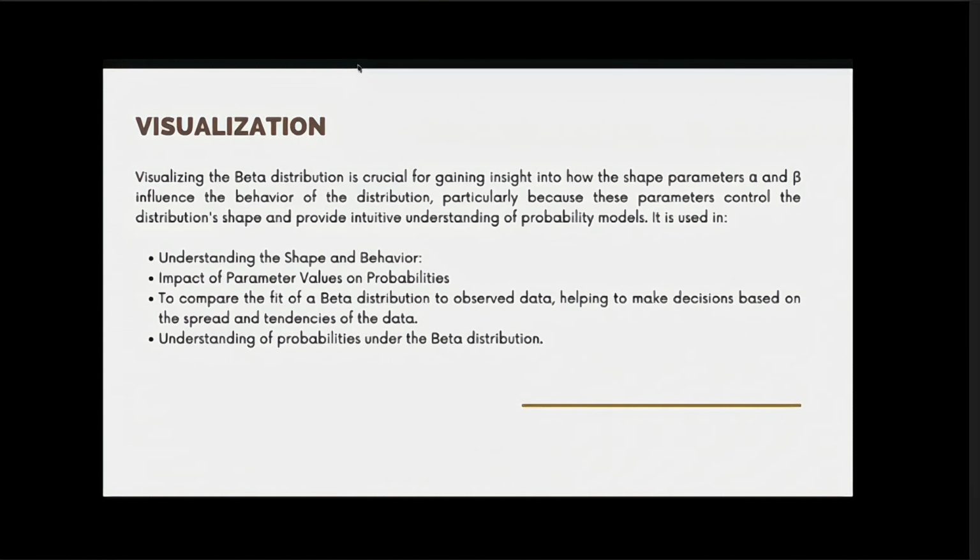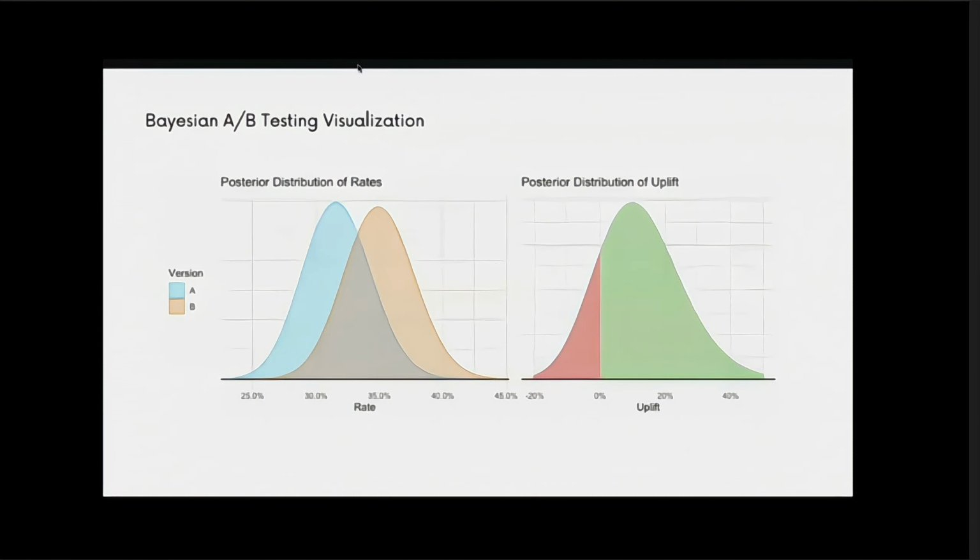By visualizing different beta distributions, you can understand the effect of shape parameters alpha and beta on the probability distribution, compare theoretical models to observed data to see how well the distribution fits, and interpret the likelihood of different outcomes based on how the distribution is shaped. So now, this graph showcases the visualization done by beta distribution of A/B testing.